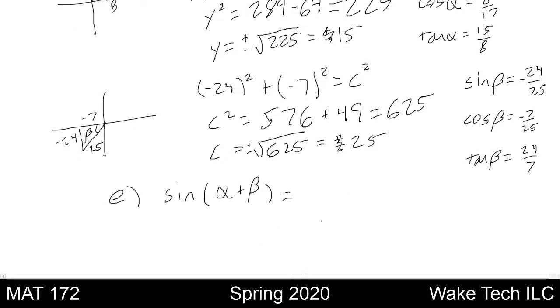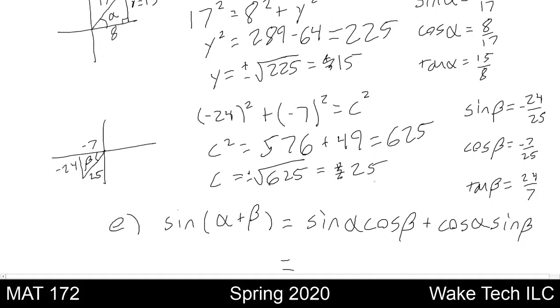And we'll have to think of the formula for alpha plus beta inside of a sine. And if you recall, it looks something a little bit like this. Sine of alpha cosine of beta plus cosine of alpha sine of beta. And luckily, we actually know exactly what all these values are.